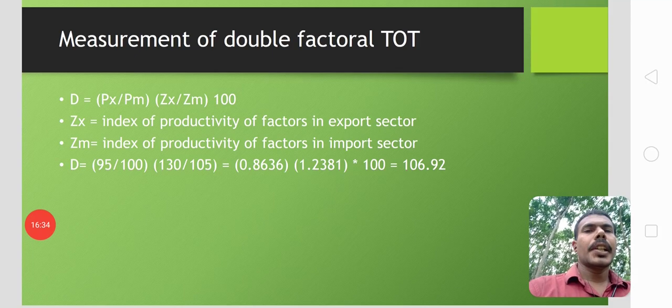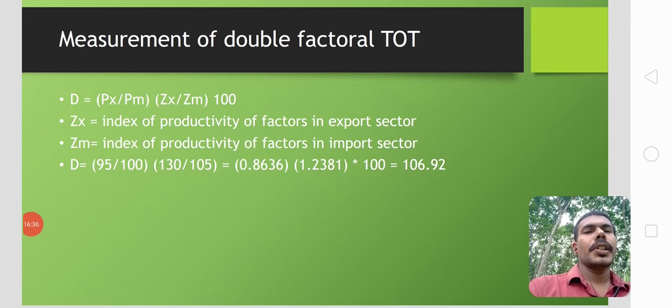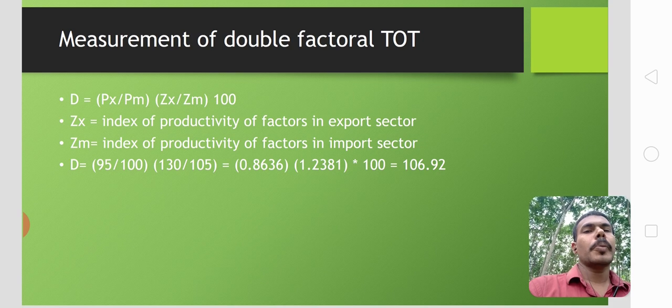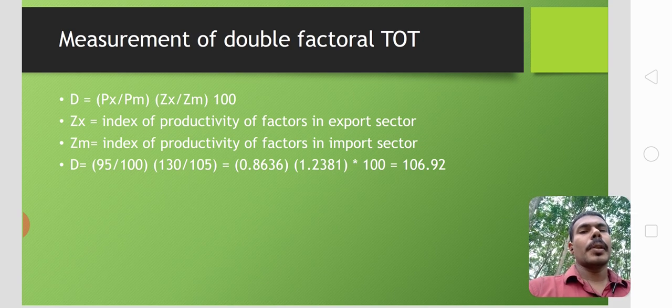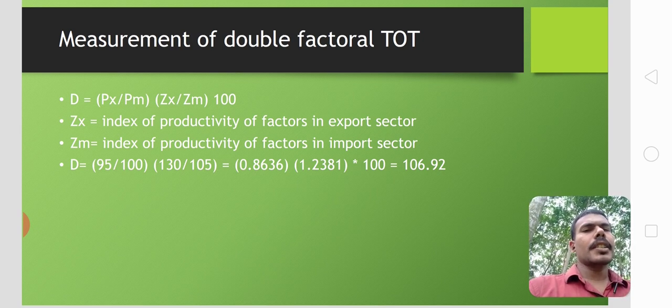So mathematically, double factorial terms of trade, D, is equal to Px by Pm, that is the price of export by price of import, or export price index divided by import price index, into Zx by Zm.